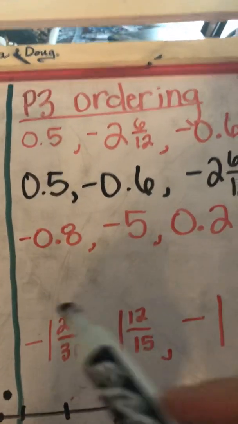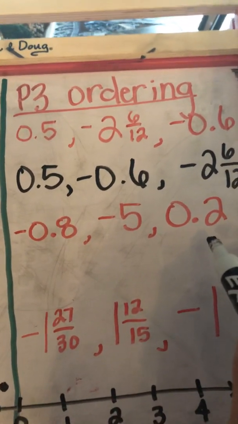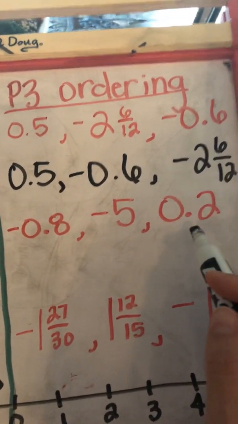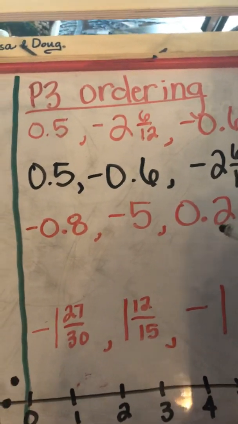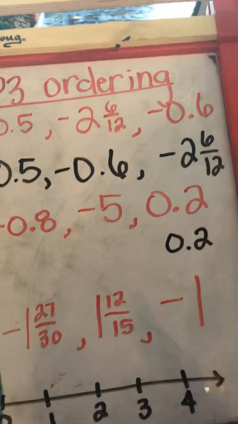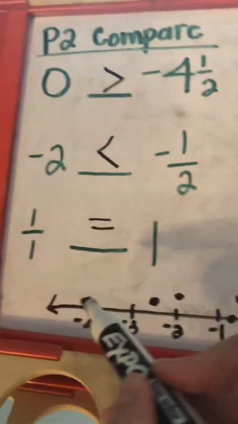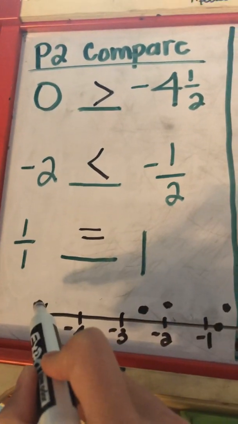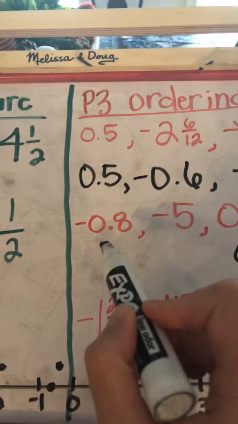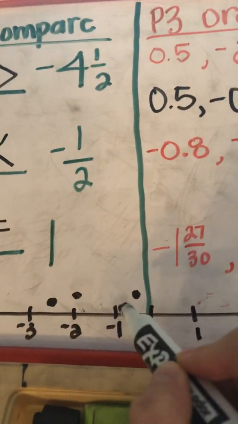Okay? All right, let's look at these three. Let's go from least to greatest now. So I know my negatives are going to be smaller than my positives, and I've got one positive right here, so I know I'm going from least to greatest, and this is going to be my greatest. So I've got a negative 5, which is all the way over here on my number line, and then negative 0.8, which is not even negative 1 yet, which is right here.